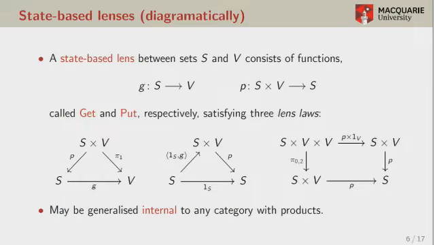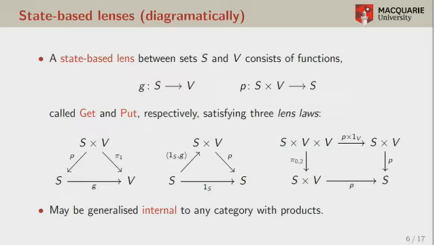And so where that leads me is that we should look at another definition, and again, this is the exact same definition, just written with commuting diagrams now rather than equations. Again, this lens is two functions satisfying these diagrams, which are equivalent to the three laws for a lens.